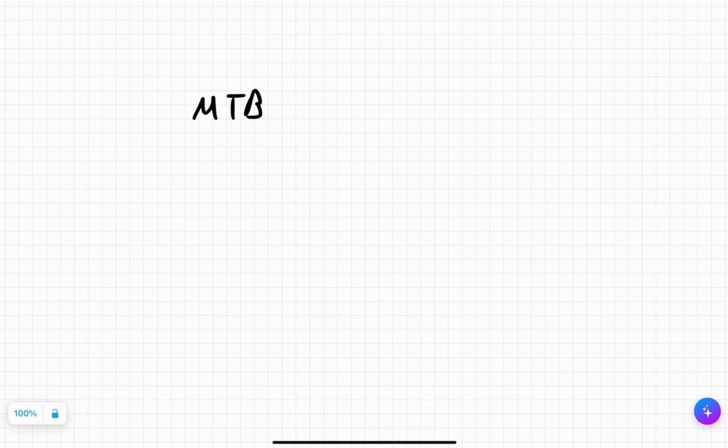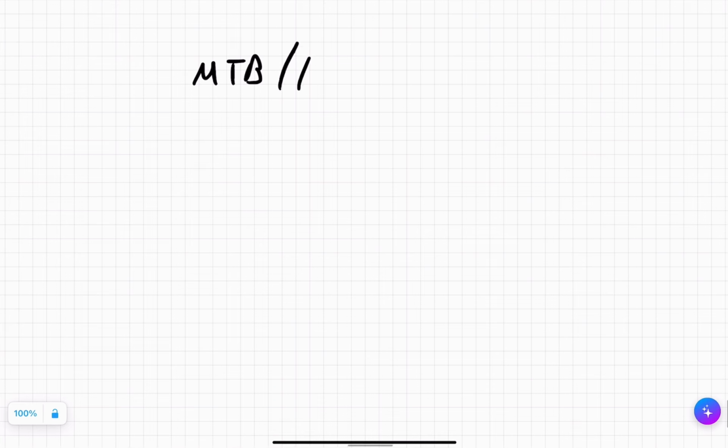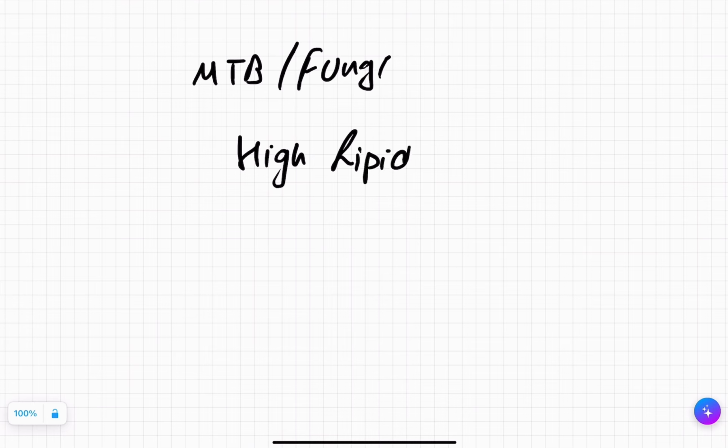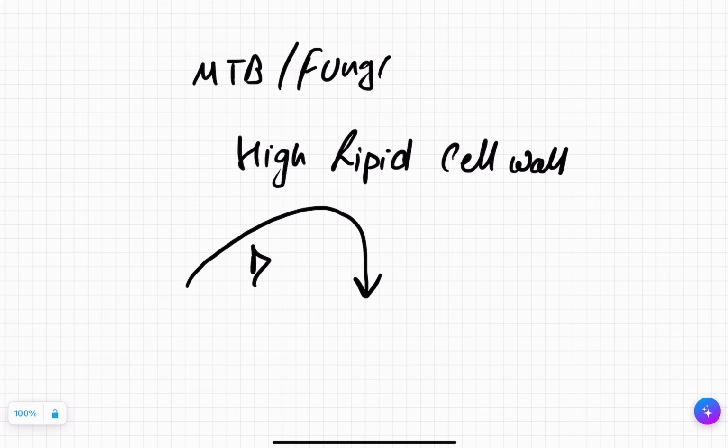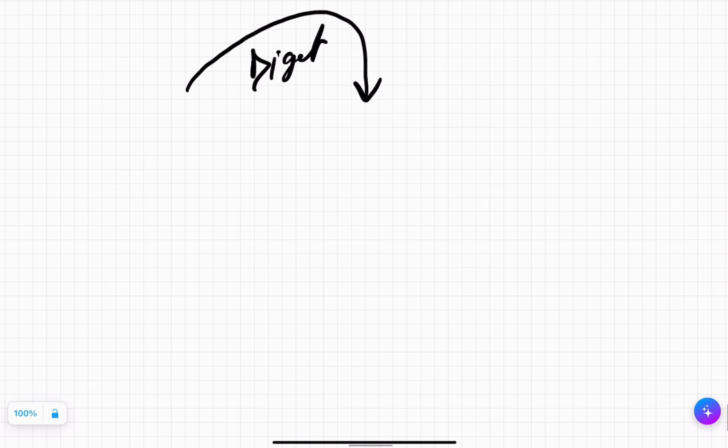So you all know Mycobacterium tuberculosis or the fungi, they have high lipid content in their cell wall. They will be digested, and the digested product will appear cheesy.